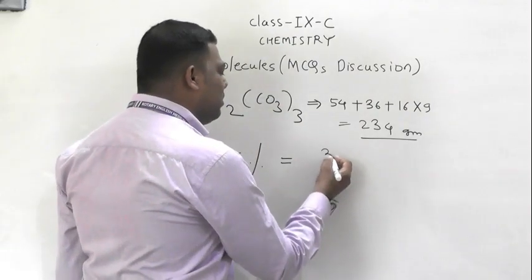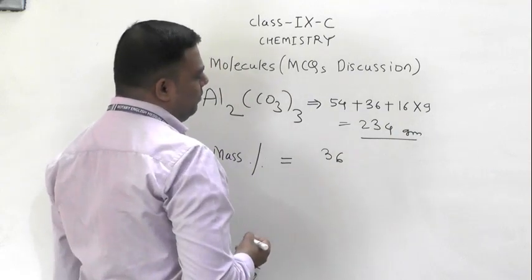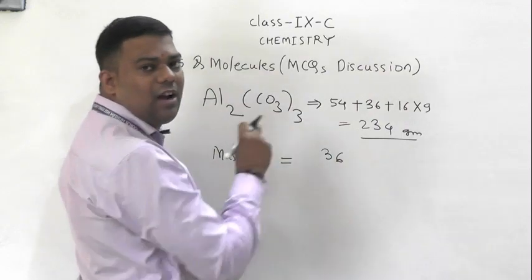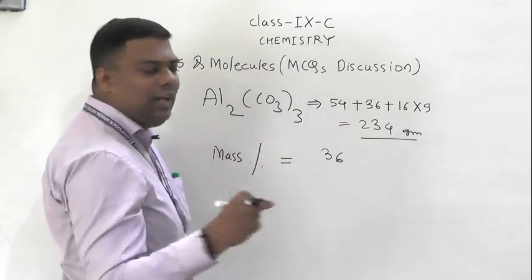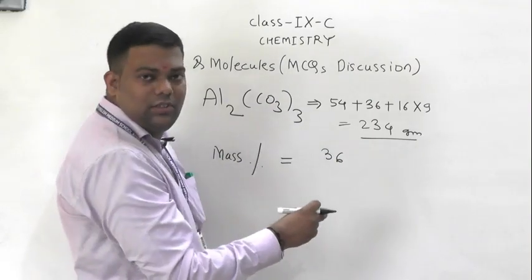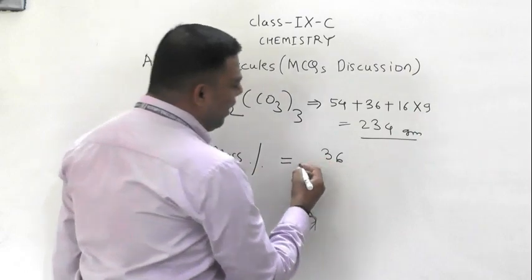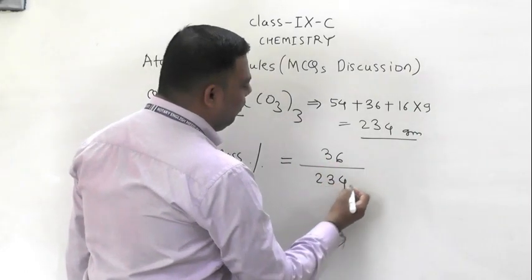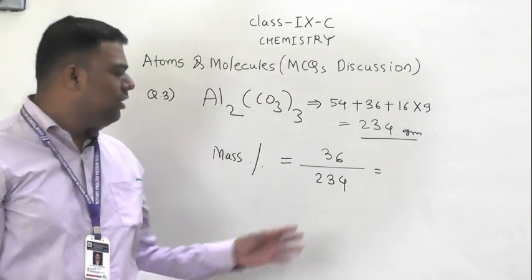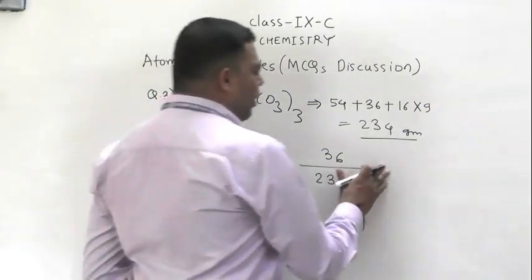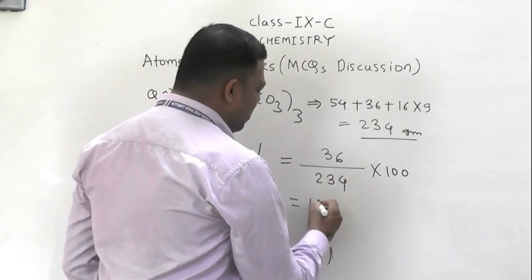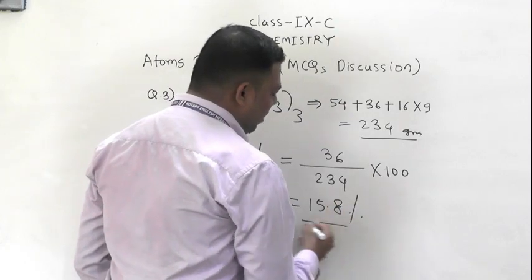So how does your calculation become here? Because we want the percentage of carbon in this aluminum carbonate, that's why we took only carbon, that is 36 divided by 234. Then you will easily get the answer. So 36 divided by 234 into 100, then you will get the answer simply 15.38% something.